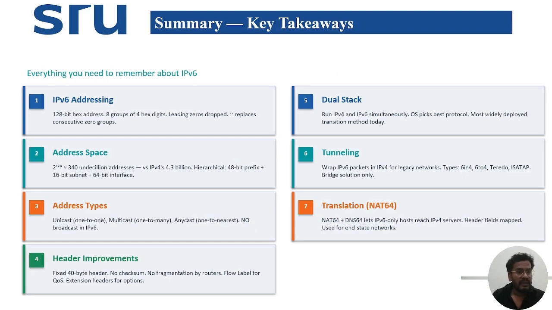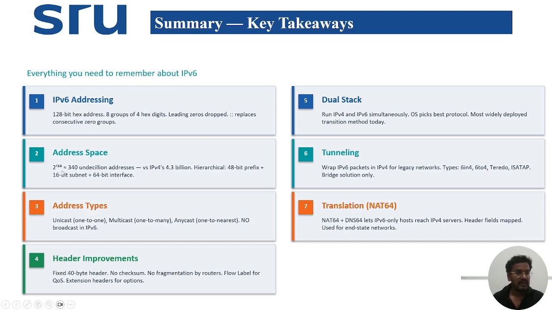Coming to the summary, from this lecture we learned what IP version 6 is, what the size of the address is in bits, and the format: hexadecimal with colons. The format is 8 groups of 4 digits, leading zeros dropped and consecutive zero groups replaced.